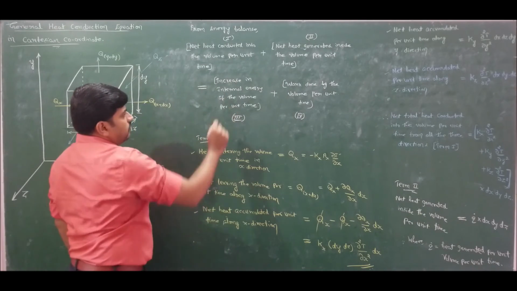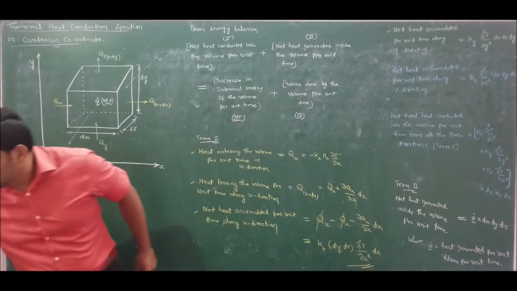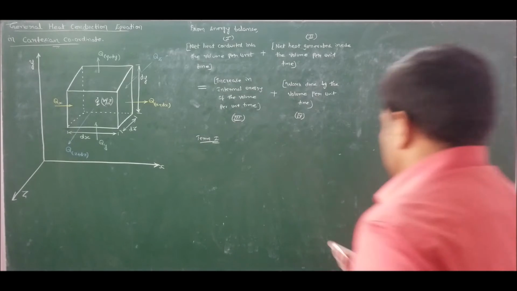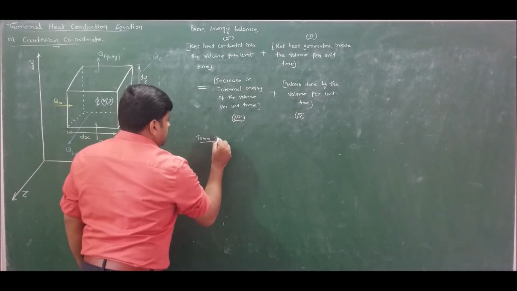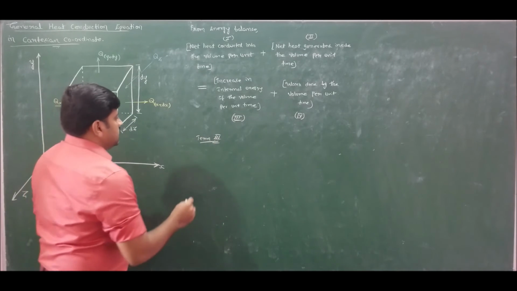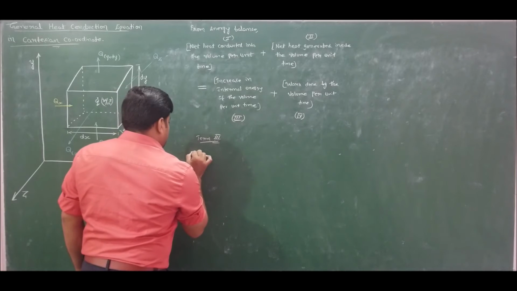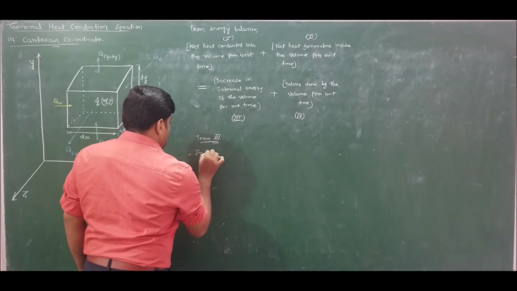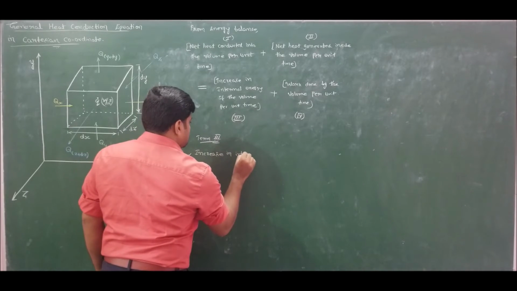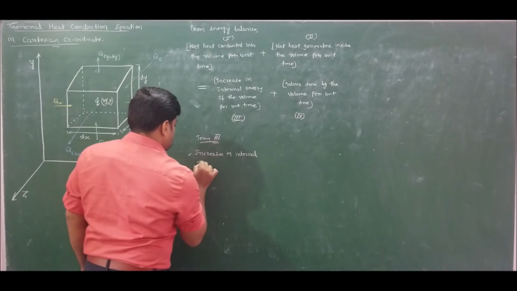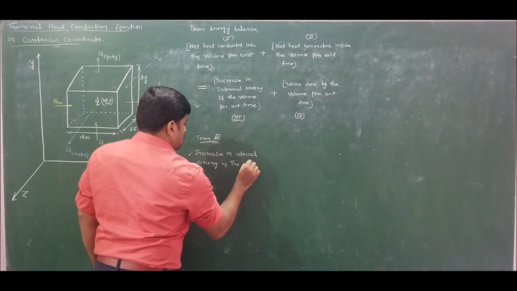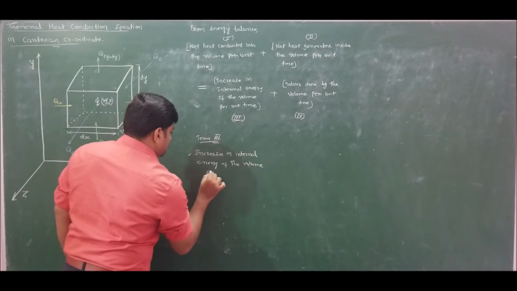Now moving ahead for term 3 and term 4. Term 3 is the increase in internal energy of the volume per unit time.